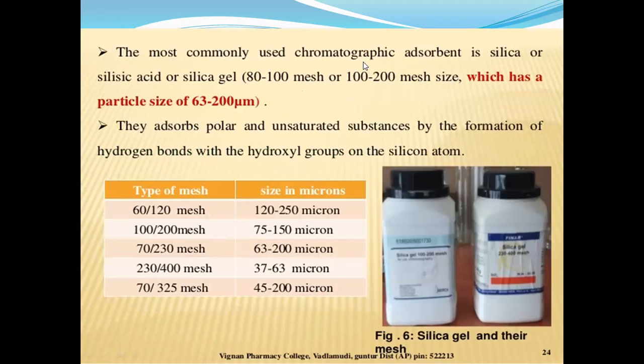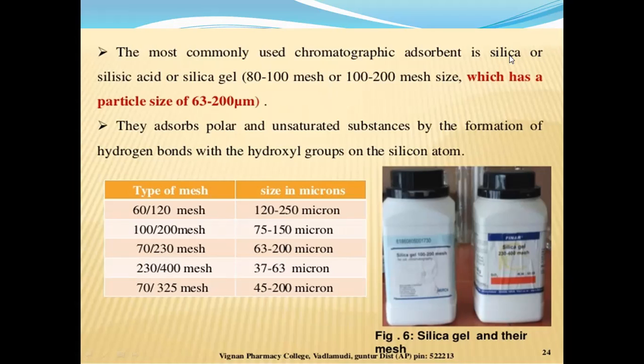The most commonly used chromatographic adsorbent is silica, silicic acid, or silica gel. Here again we have different natures of stationary phase: some are acidic, some are basic, some are amphoteric, and some are neutral. If you use silica, it may be neutral, it may be acidic, or it may be a gel.